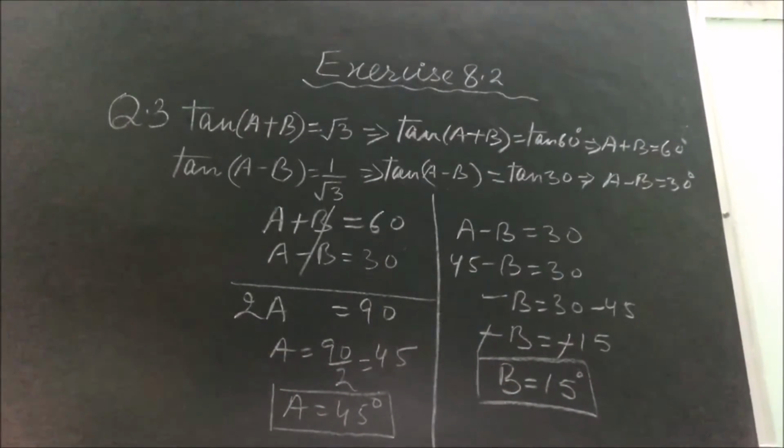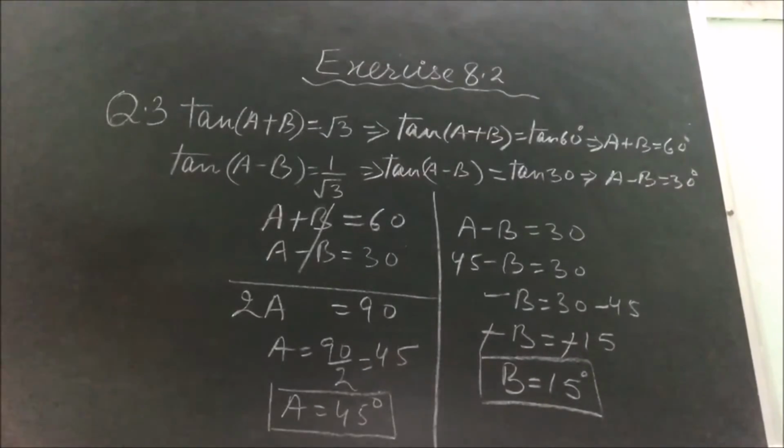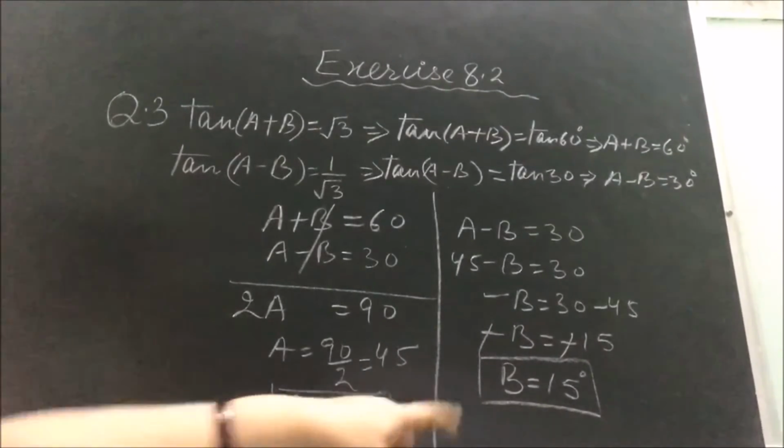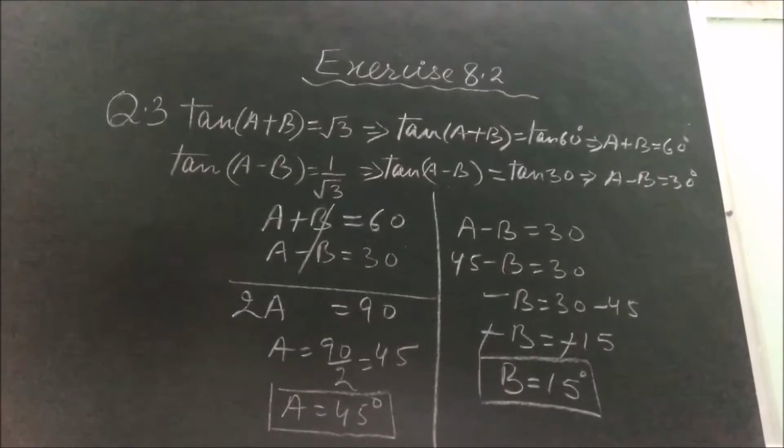So angle A is 45 and angle B is 15, or you can say the value of A is 45 degree and B is 15.